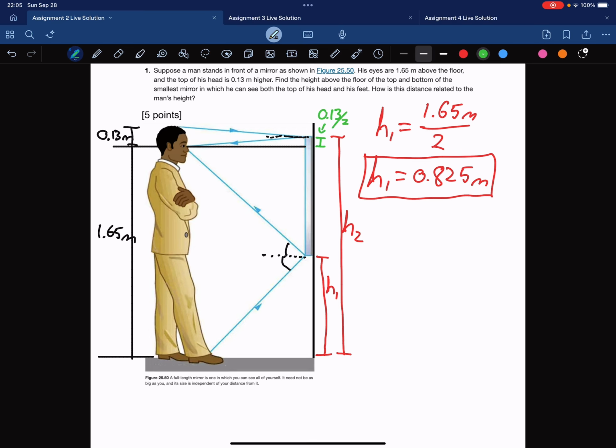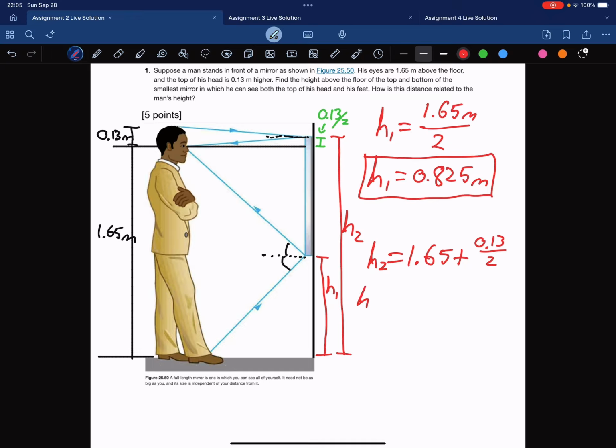That little distance right in there, and that is the distance above where the person's eyes are. So for H2, we know that it is going to be the height up until where the person's eyes are, plus this little addition above, which, as we just said, is 0.13 divided by 2.